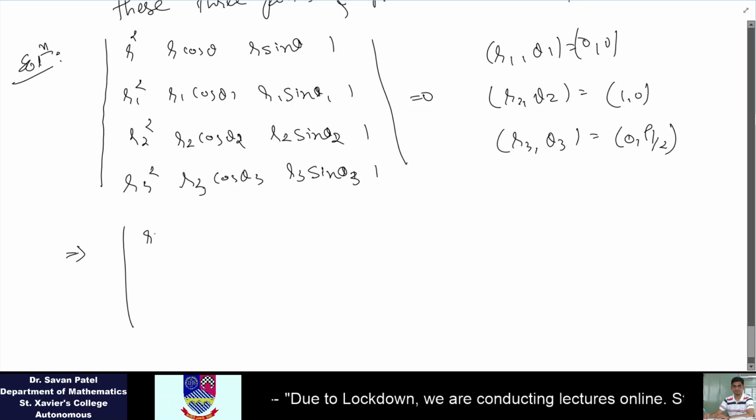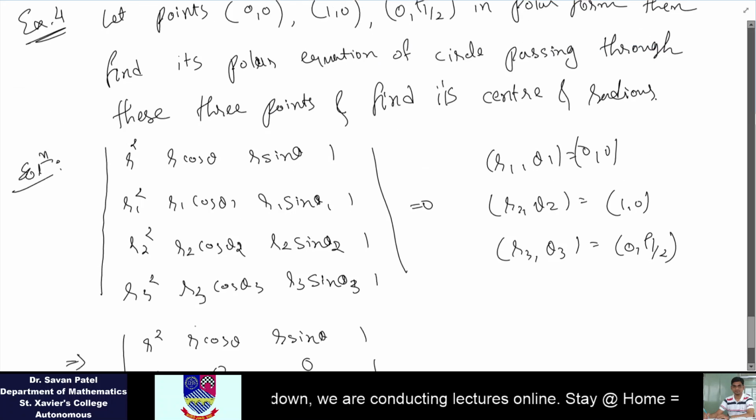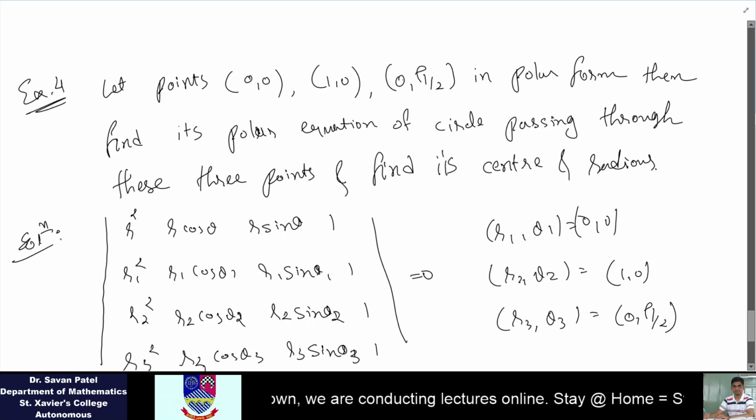So that is r², r cos θ, r sin θ, 1. r1 is 0, so everything is going to be 0. So here I am writing 0, 0, 0, 1. Sorry, I have made a mistake in the equation; here it will be 1.